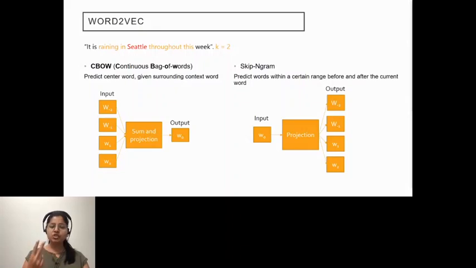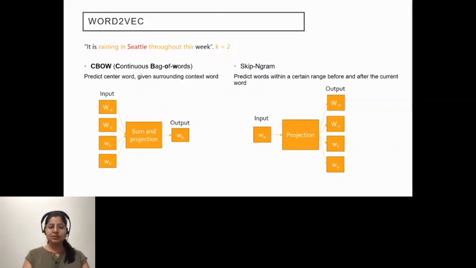So there were two models published. One is predicting a word given its surrounding context, which is known as the continuous bag of words. The other is the skip-gram, which is basically, given a word, can we guess what could be the preceding word or the following word for a different context.